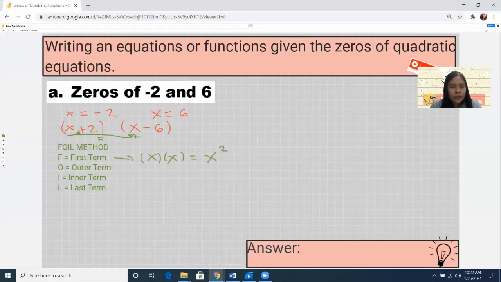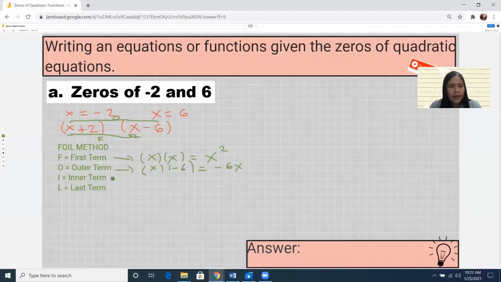Then the outer term, the two outside terms, x and negative 6. Don't forget the negative. This is the O, outer term. x times negative 6 is negative 6x.